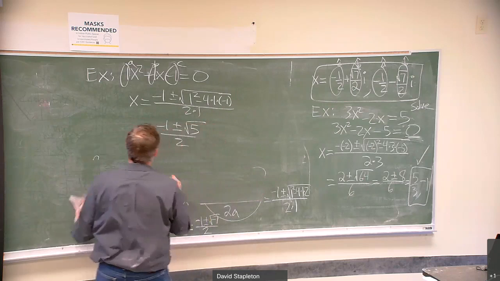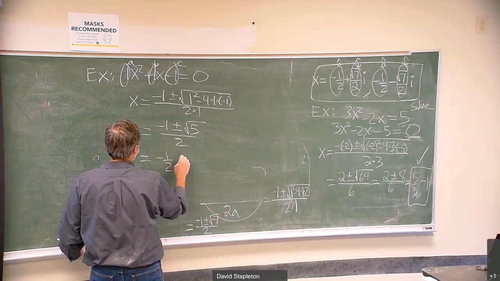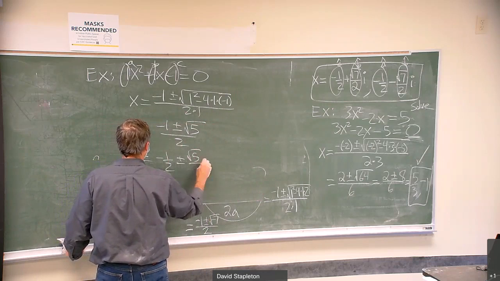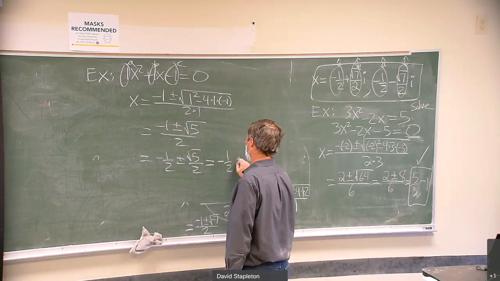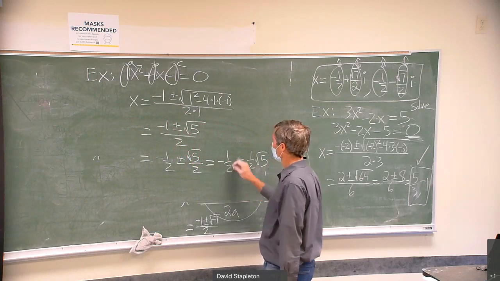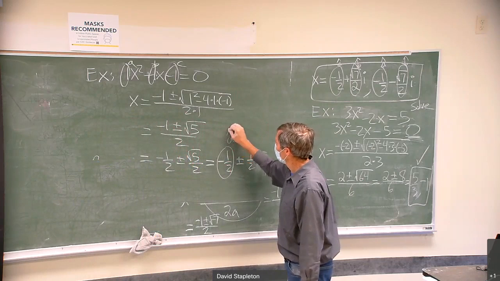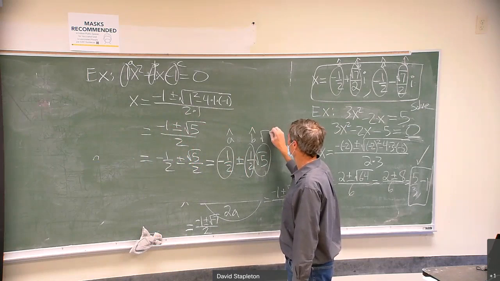If you break it up into two pieces, this is -1 over 2 plus or minus square root 5 over 2, also known as -1/2 plus or minus 1/2 square root 5. It is an a-hat plus or minus b-hat square root c-hat.